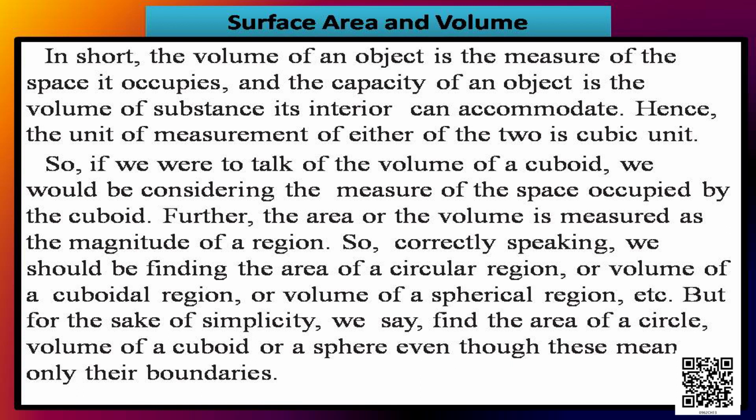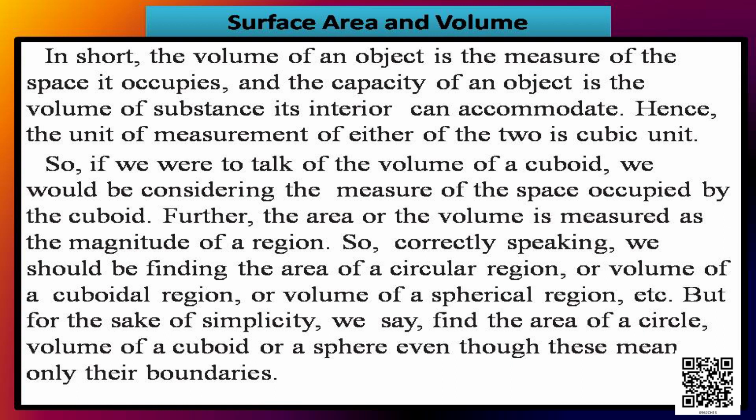So, if we were to talk of the volume of a cuboid, we would be considering the measure of the space occupied by the cuboid. Further, the area or volume is measured as the magnitude of a region.